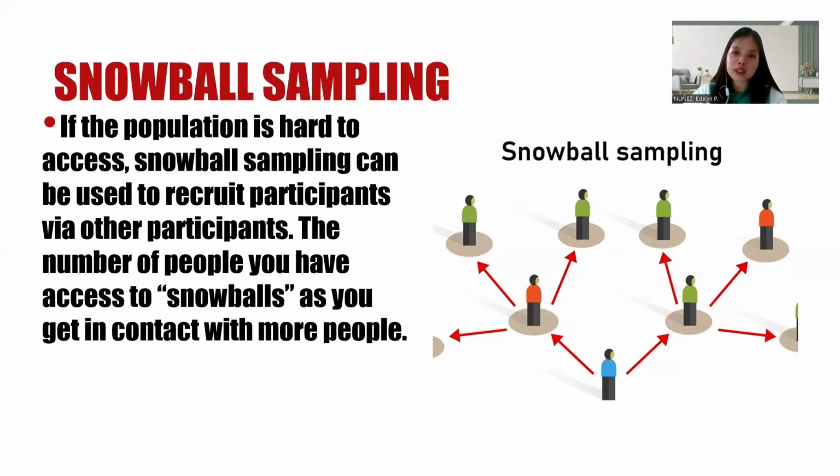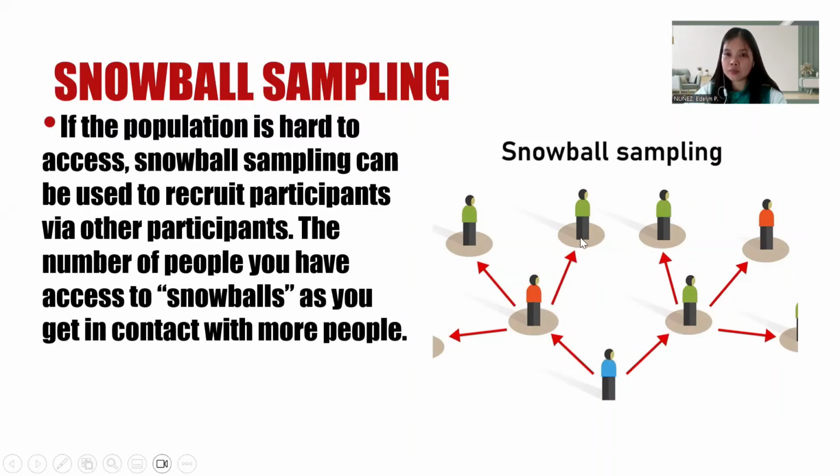What is snowball sampling? Here, you are the researcher. You go to this one because the barangay captain told you to go to this person, who is a piggery owner. And after surveying this one, you ask him, do you know anyone who is also a piggery owner? Then he will recommend you to another piggery owner.